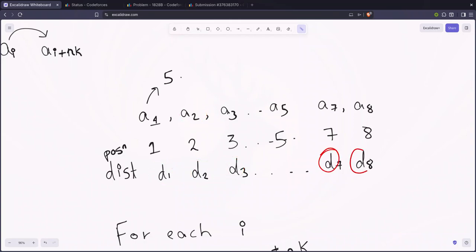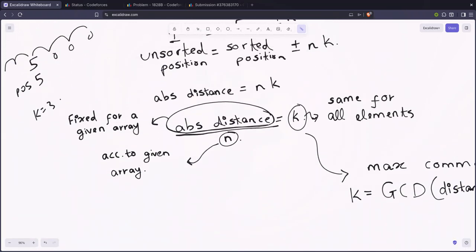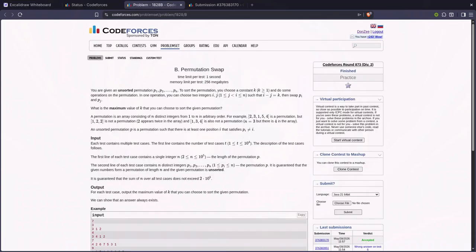Therefore there will be different distances, and according to these distances the n will vary, because k is fixed, right? And we have to find this fixed k, which is the maximum possible. So for different distances we need to find a common k, and the k should be the maximum possible, because the question says you need to output the maximum value of k that can sort the permutation.